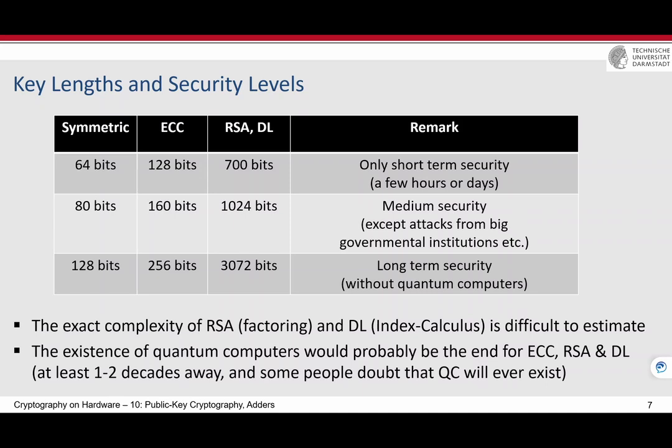It may take 1 or 2 decades to have them, and some physicists may say they have some doubt whether they will ever exist, who knows, because there are still problems in realizing them in physics, with a large number of qubits to be able to, for example, break one RSA with 3,000 bits, or ECC with 256 bits.